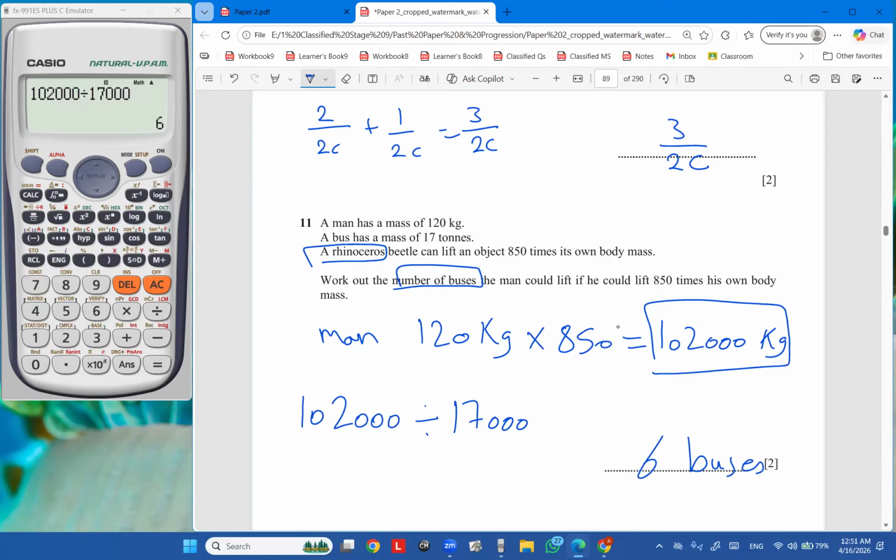Again, all what I've done, finding what the man can lift. He's 120 kilograms, but he can lift 850 times of his own body mass. So he can lift 102,000 kilograms. How many buses can he lift? So it is 102,000 kilograms divided by 17,000 kilograms. The ton is 1,000 kilograms, so divide by 17,000.